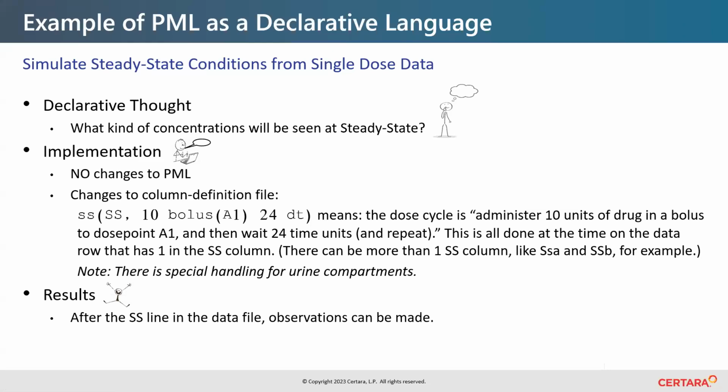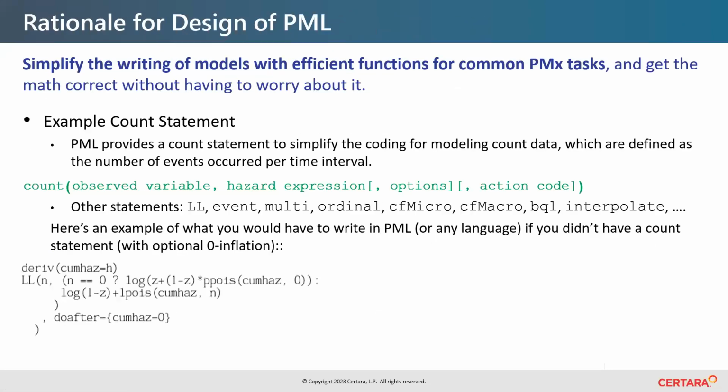Okay, forward. Here's another example. It's easy enough to say, okay, we're going to observe concentration or something, and there's going to be an epsilon. But what if we're trying to observe something like the number of headaches you had last week? In PML, you just say that's not an observation, that's a count.